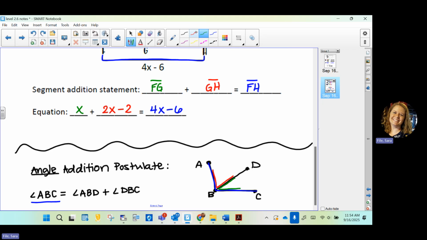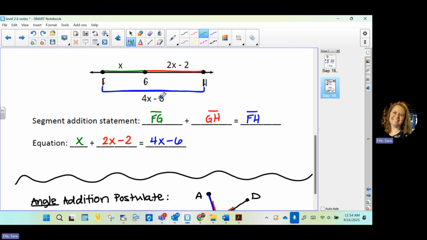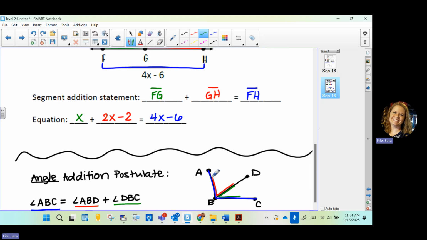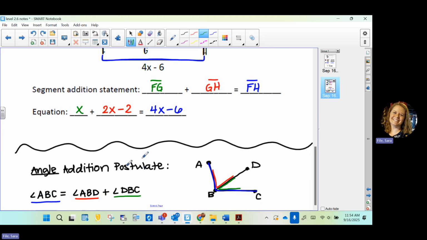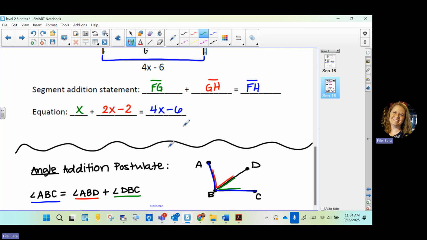So ABD is the one I did in red, and DBC the one in green. That's the same concept with an angle as with a segment. This should look familiar from unit 1. I just wanted you to see the connection, because angle addition postulate or segment addition postulate could be reasons when you're filling out your proofs for a geometric proof.